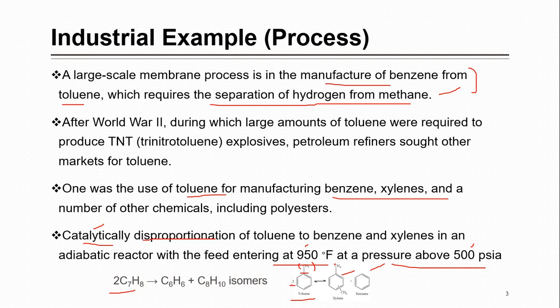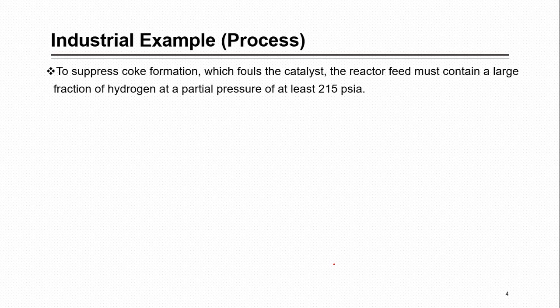So we have to avoid this cracking reaction, and in order to avoid that coke formation, they bring in hydrogen. Hydrogen is provided under specific conditions: a large amount of hydrogen is provided in this reaction, at a partial pressure of 215 psia.